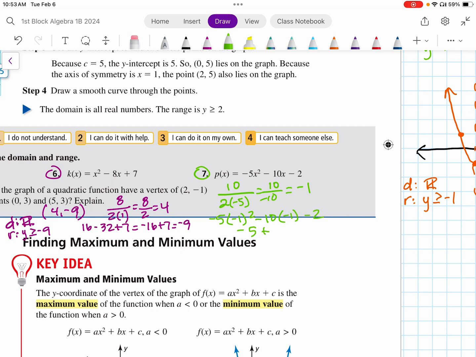Negative 5 plus 10 minus 2. 5 minus 2, or 3. So our vertex is negative 1, 3. We know that we have a domain of all real numbers and a range. This one opens down, so that means our range is going to be y is less than or equal to 3.